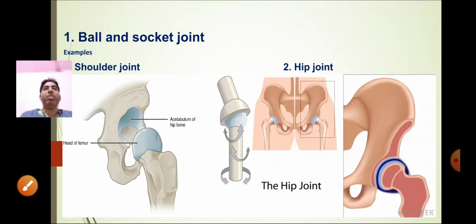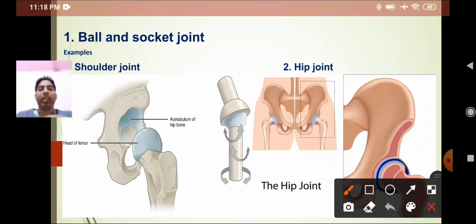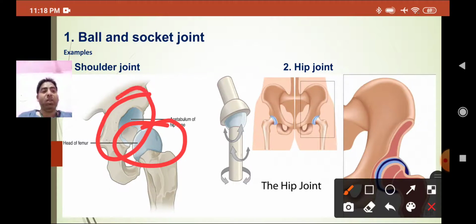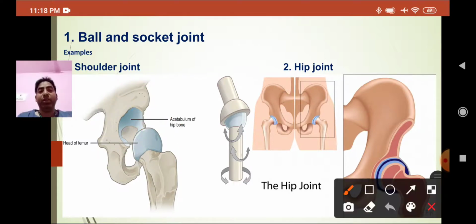Now we are going to study the first one, the ball and socket joint. In this type of joint, the ball-shaped end of one bone, as you can see here, fits into the hollow cup-shaped socket.